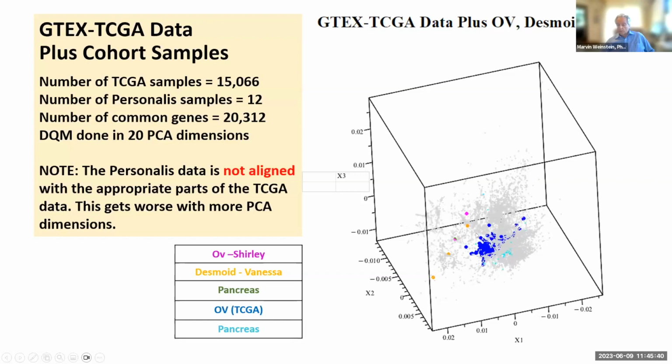But what I didn't tell you about is over here. This is from TCGA, and the blue is the ovarian tumors in TCGA. And this little bit of cyan that you see here are the pancreatic tumors in TCGA. And what you see here is that the ovarian samples in TCGA break up into many clusters.